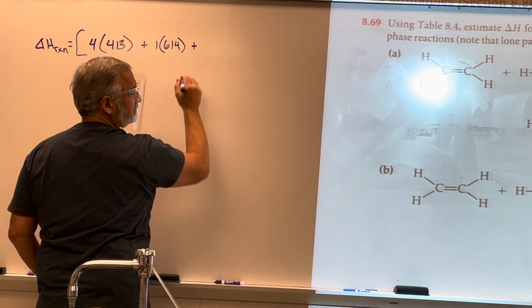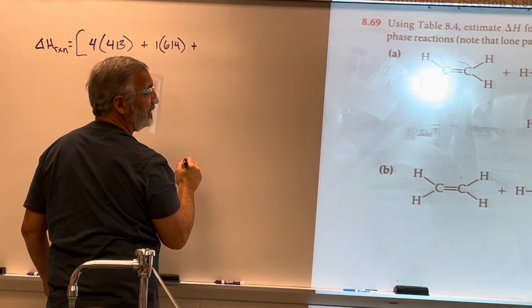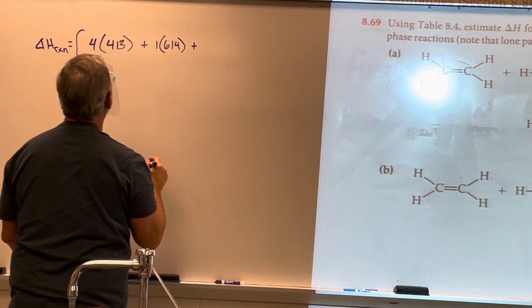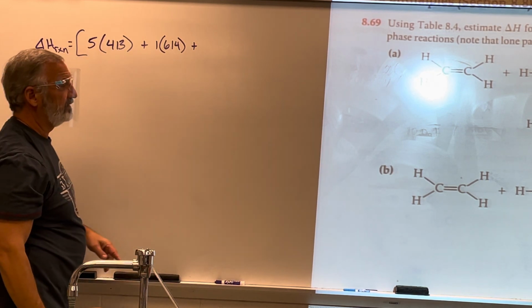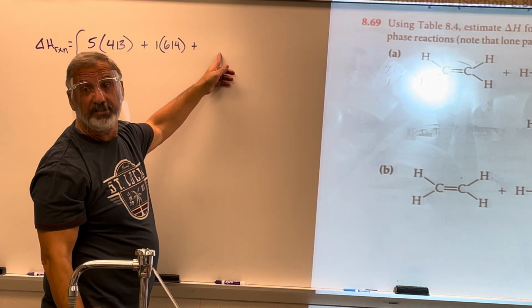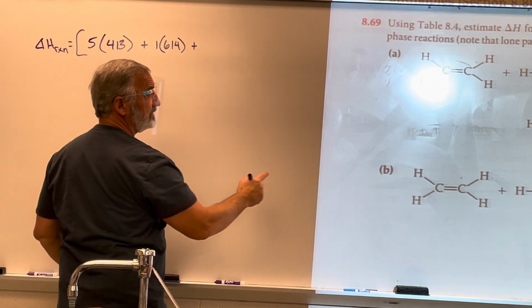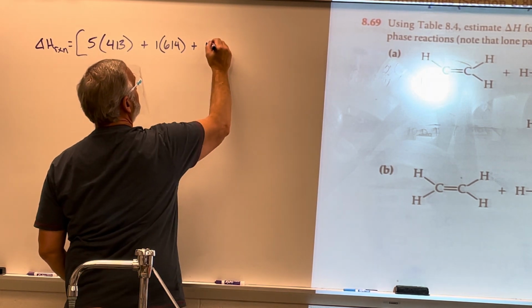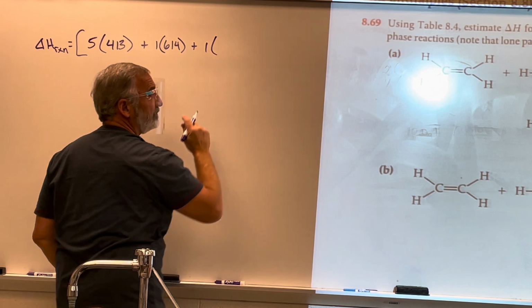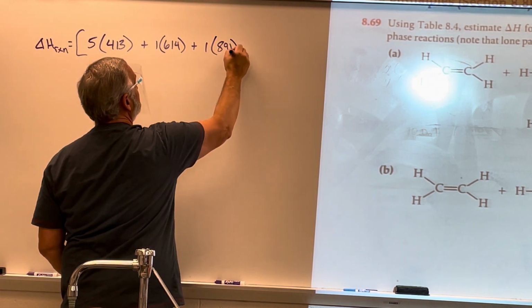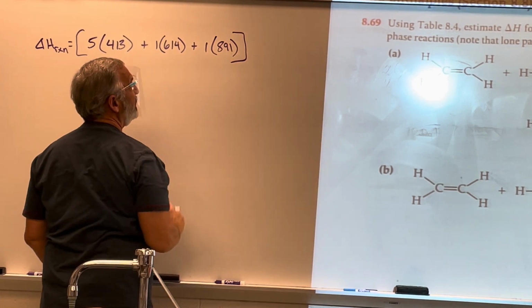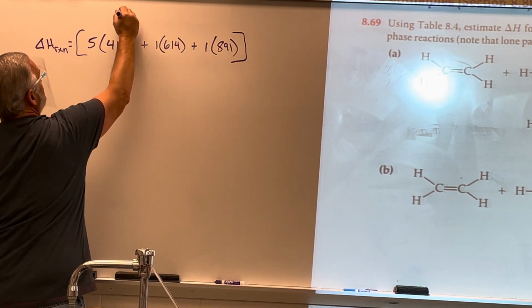Plus 1 carbon to hydrogen, another carbon to hydrogen, so that's really 5. So I'm just going to change that to a 5. You could put another one over here if you wanted to, but it's plus 1 carbon to nitrogen triple bond. 891. Look how high that is because of that triple bond. Okay? So that's your bonds broken.